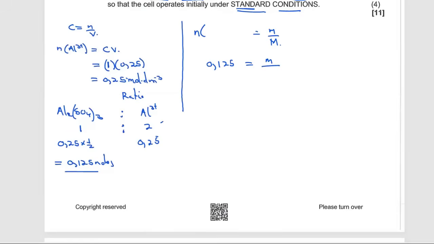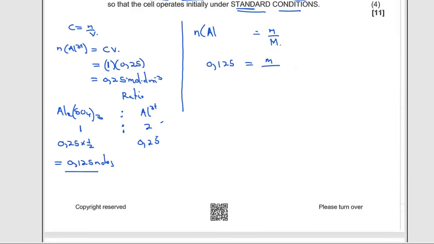Let me just say Al2(SO4)3, with the 3 like that.